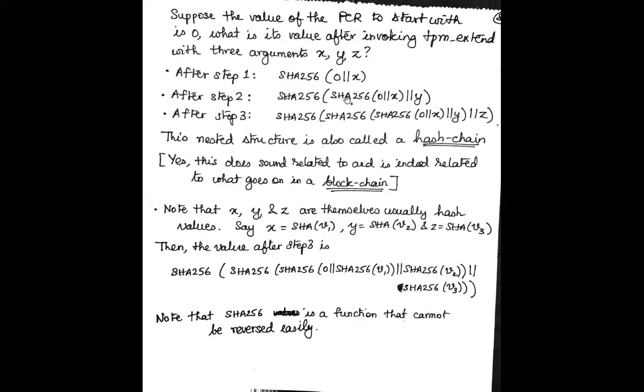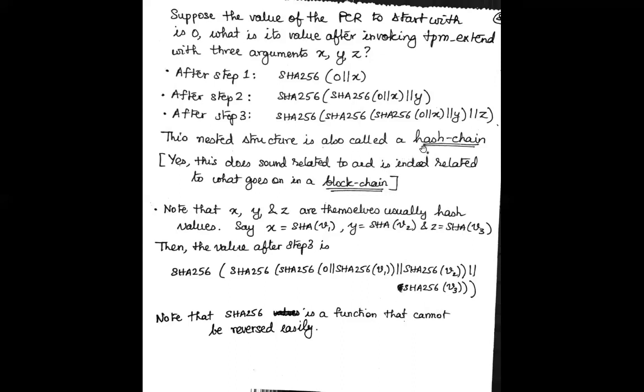Even if you're given the value of step 3 as well as Z, you cannot calculate what value in step 2 got you there. The reason is that the hash function is supposed to be hard to invert; it cannot be reversed easily. Likewise, if you're given the step 2 value and Y, you cannot calculate the value of step 1.